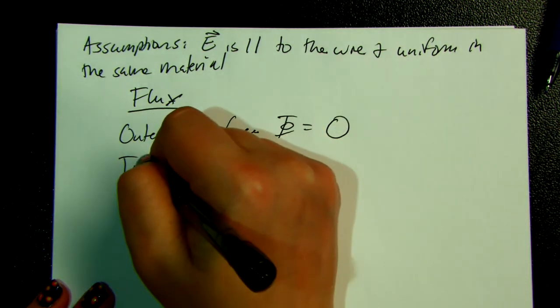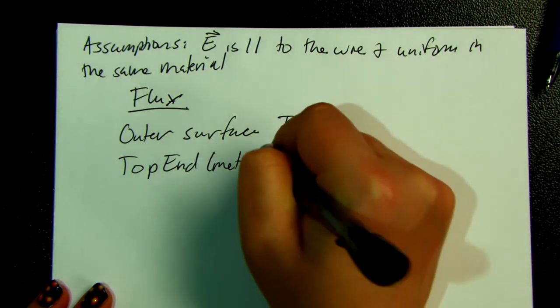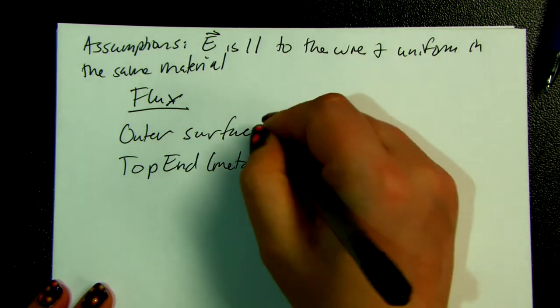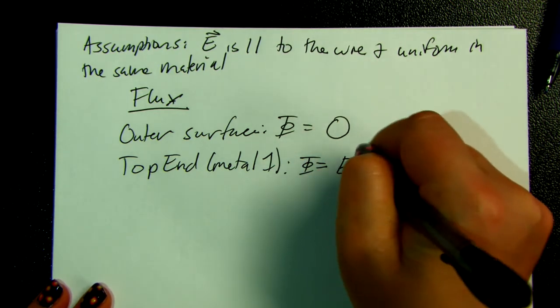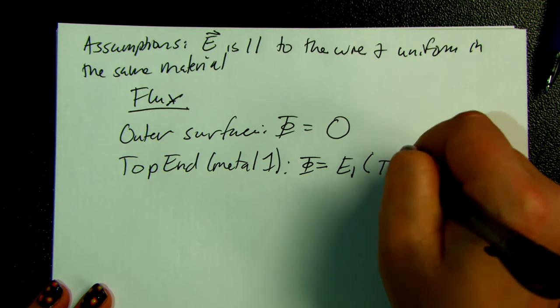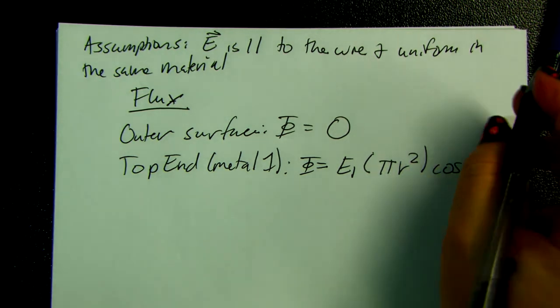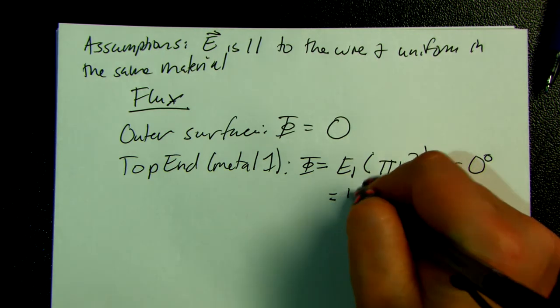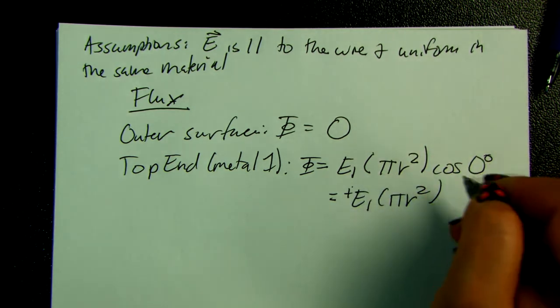The top end, which would be metal 1, the flux is E1 pi r squared cosine of 0, which is E1 pi r squared.